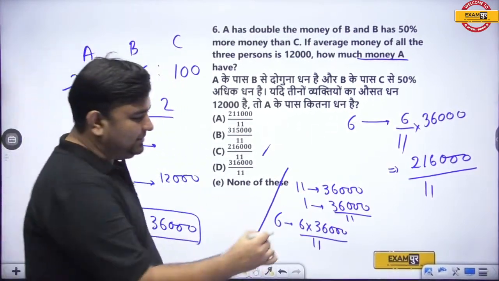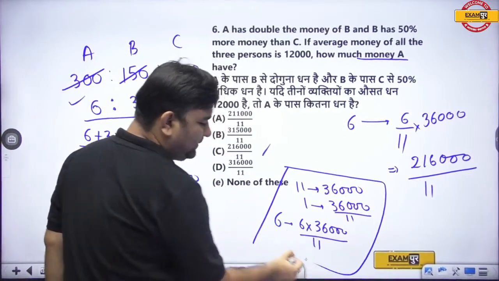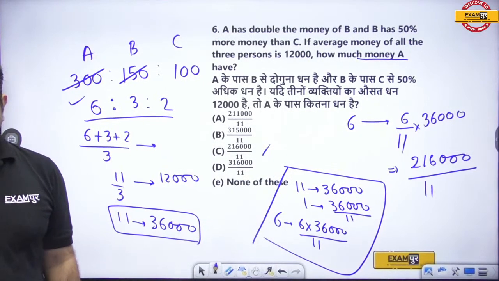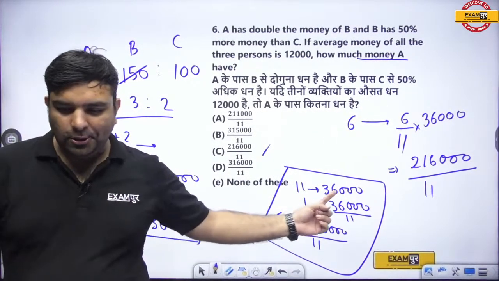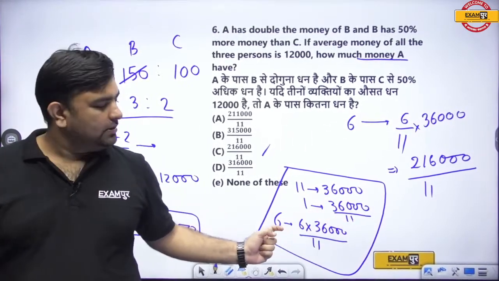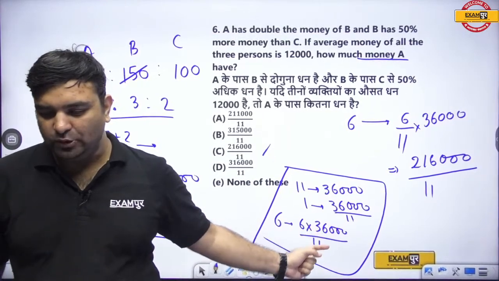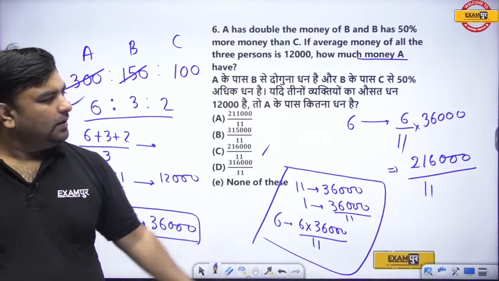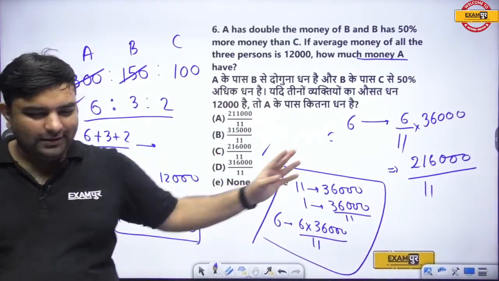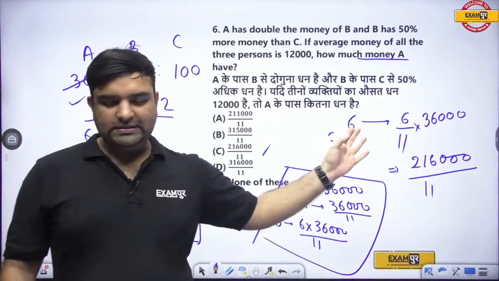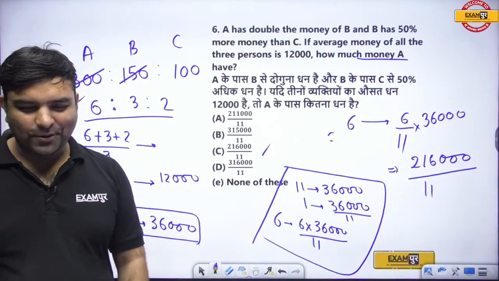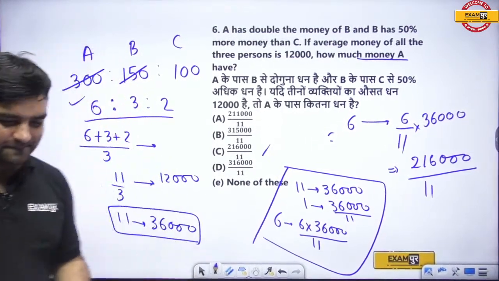Childhood memories. However, nowadays we do it directly: if 11 is 36,000, then 6 is 6 by 11 of 36,000. Important, believe me.